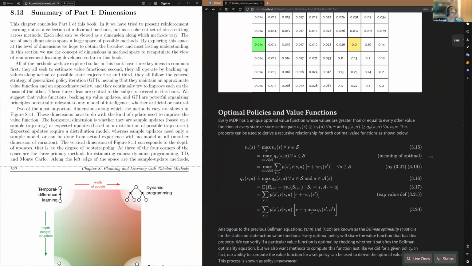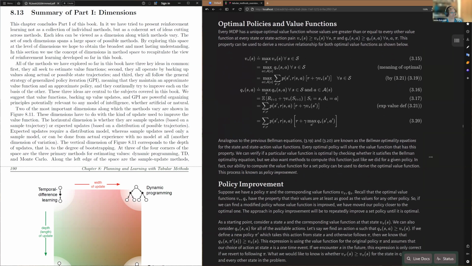And then the next question becomes: what's the purpose of computing the value function? There are two perspectives on this. The first one is that there is a new set of Bellman equations that we can define, called the Bellman optimality equations.